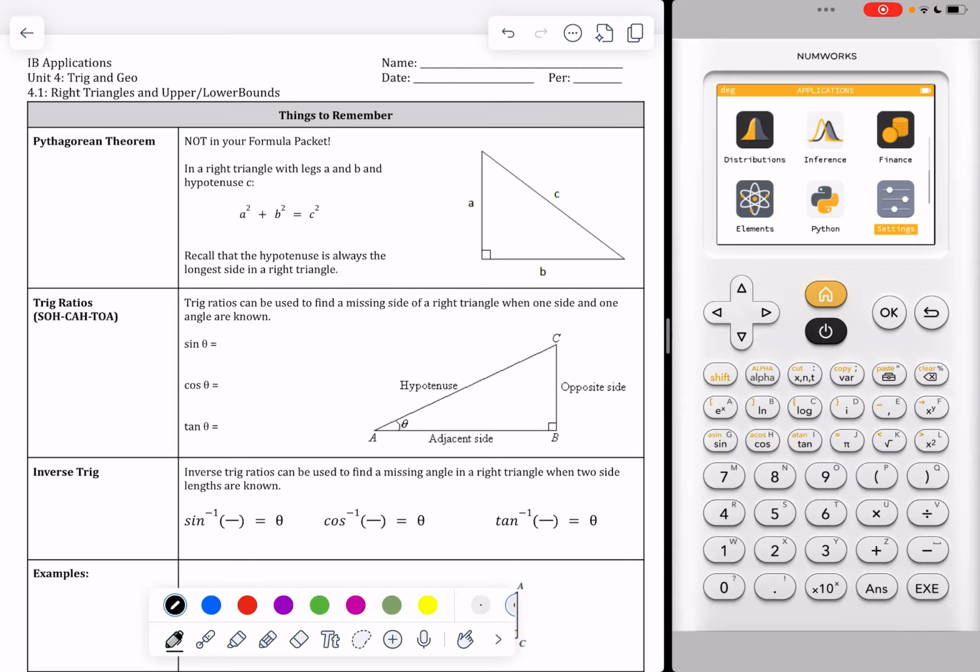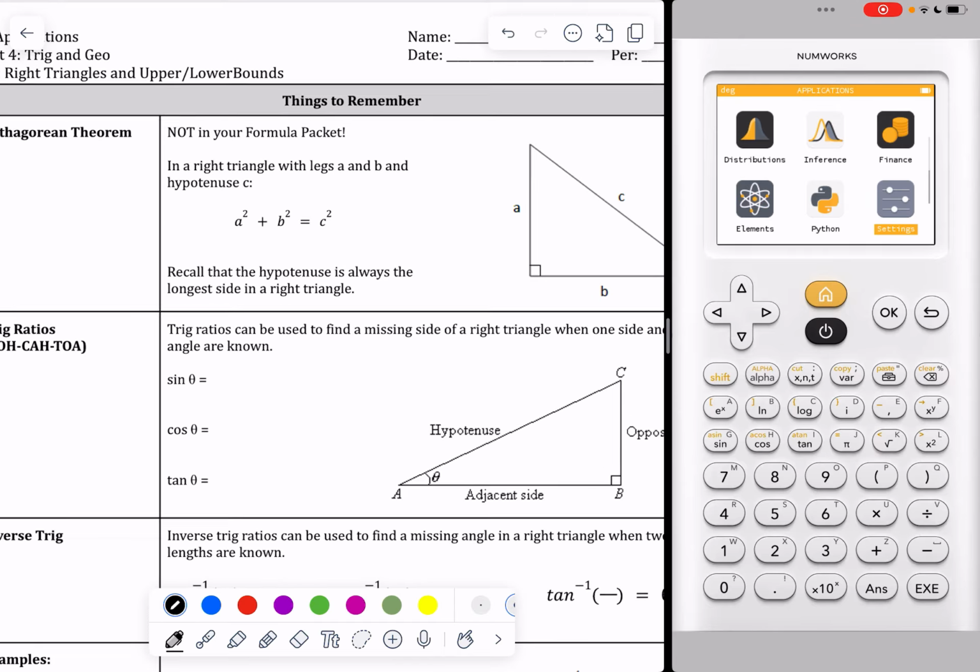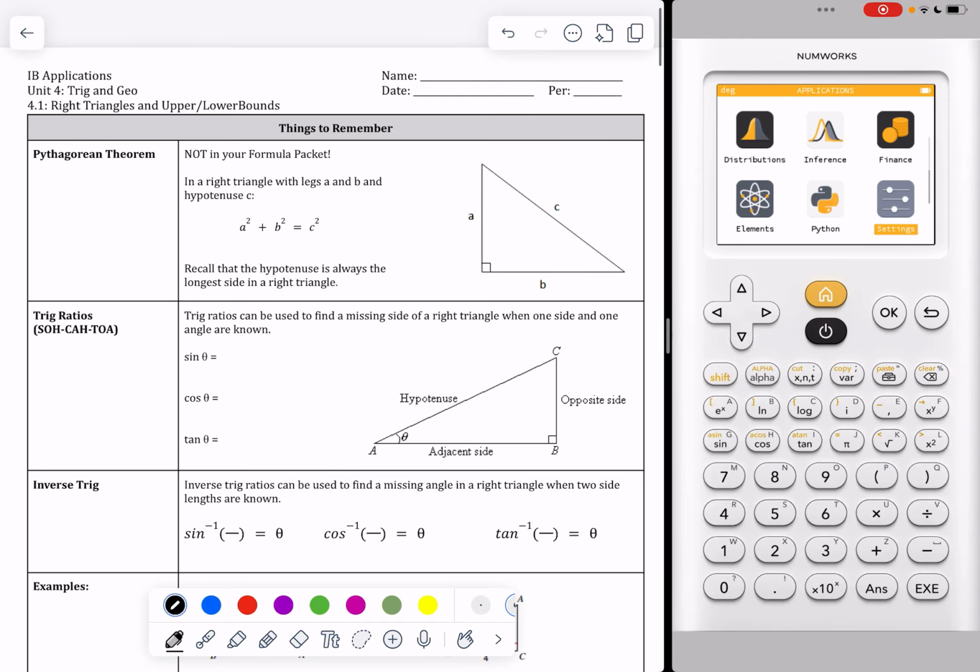So to start our notes here, so Pythagorean theorem, just some review. This is not in your formula packet, so it is a formula that you just need to know. And very important note is that it only works for right triangles. We're going to see all sorts of triangles this unit, and the Pythagorean theorem will work for right triangles, but only right triangles.